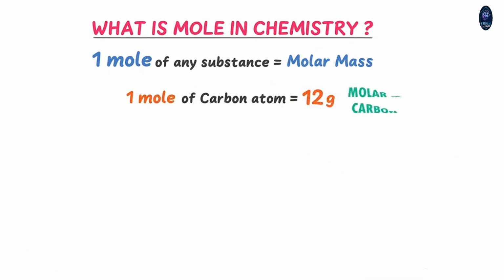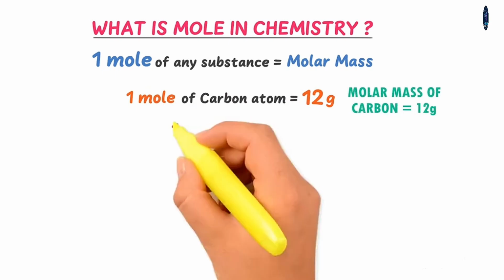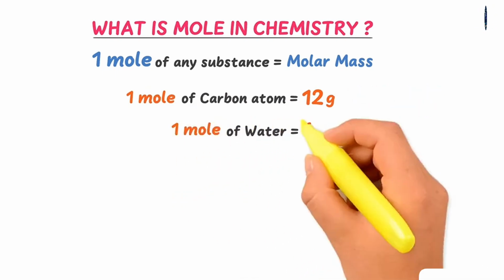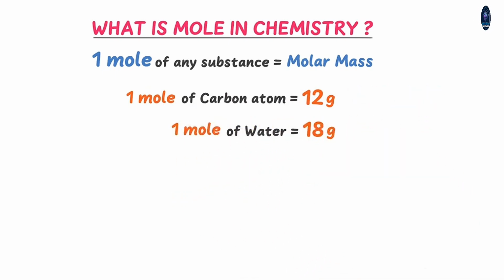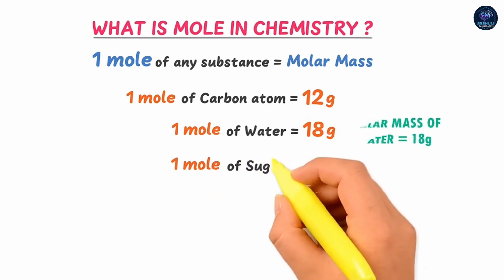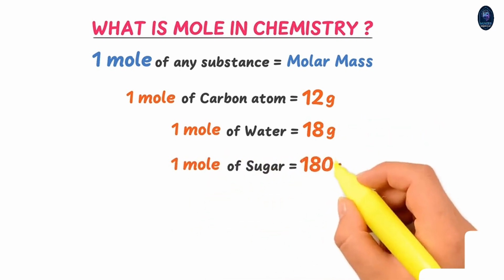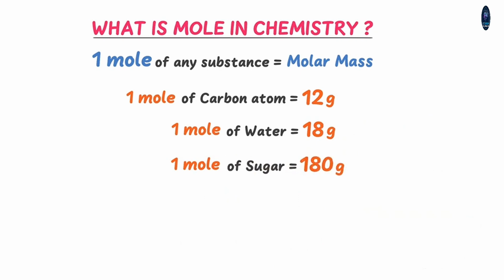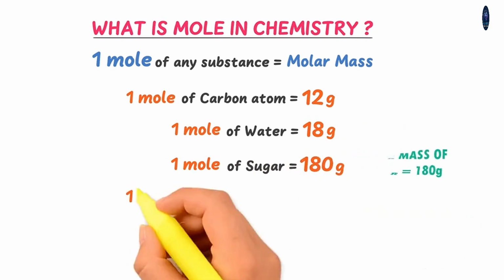Why? Because the molar mass of carbon is 12 grams. 1 mole of water is equal to 18 grams because the molar mass of water is 18 grams. 1 mole of sugar is equal to 180 grams because the molar mass of sugar is 180 grams.